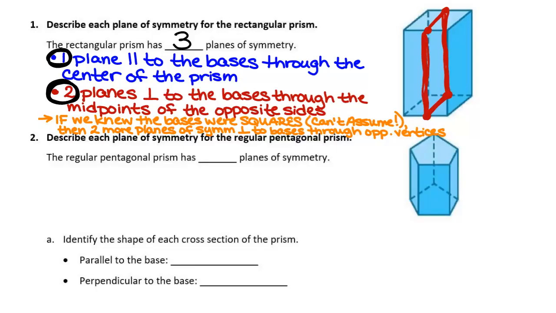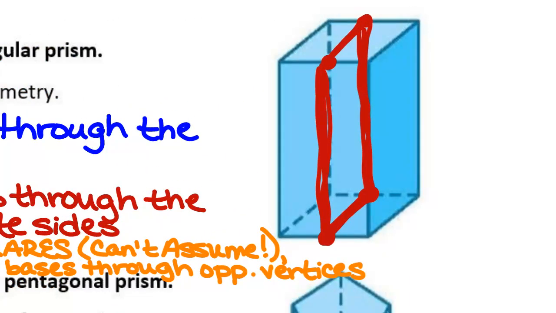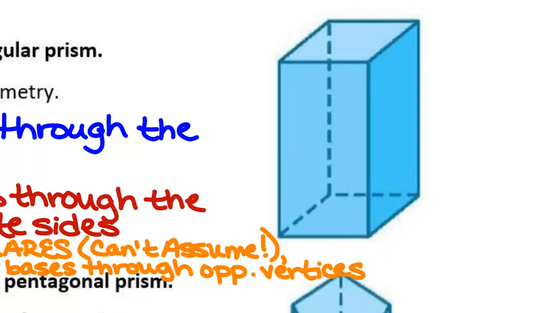I drew it just a second ago. It would go diagonally corner to corner. The ones that I'm talking about, the ones that we cannot say, go like this.